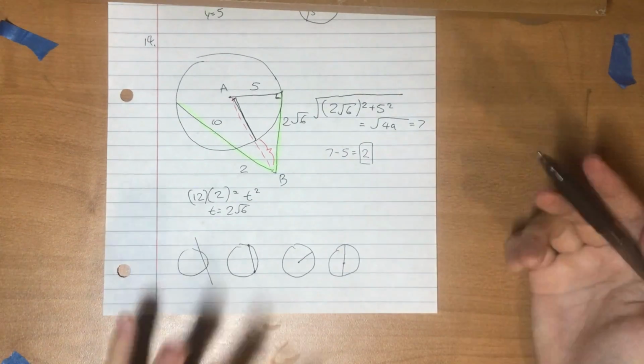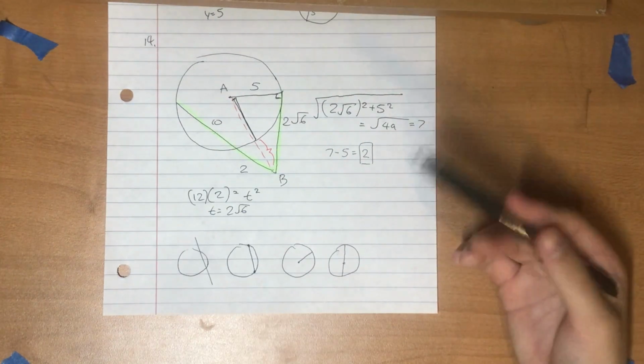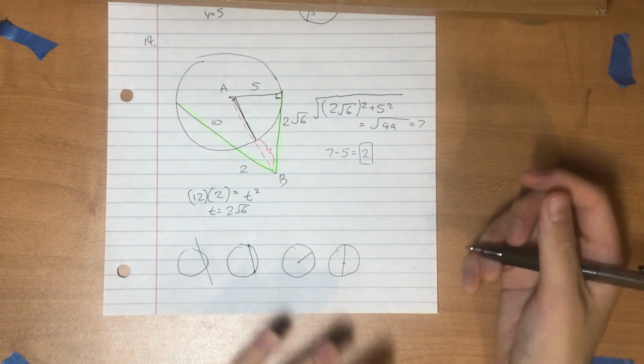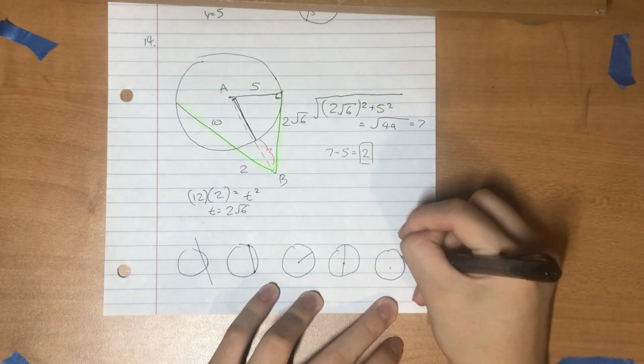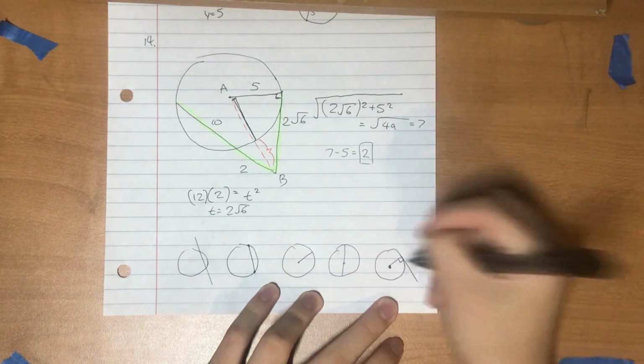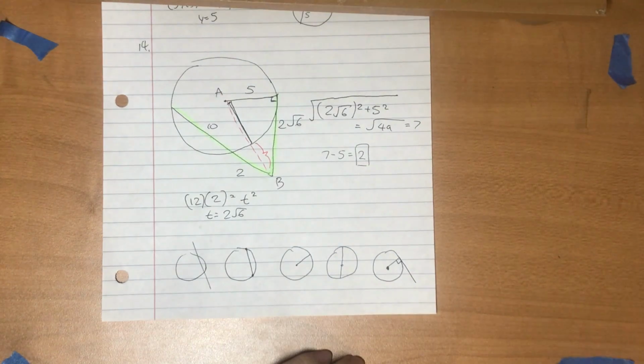A diameter goes through the center. And then for tangents, they're perpendicular to the circle's radius.